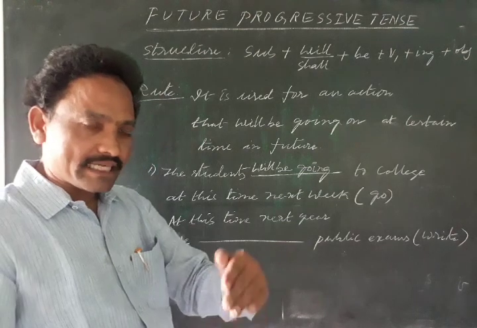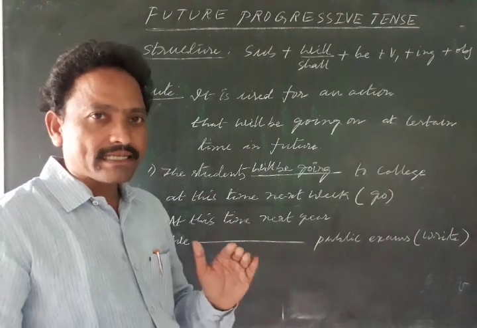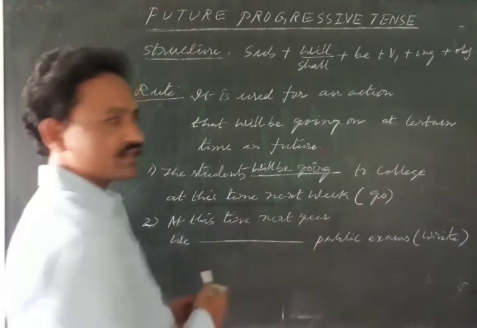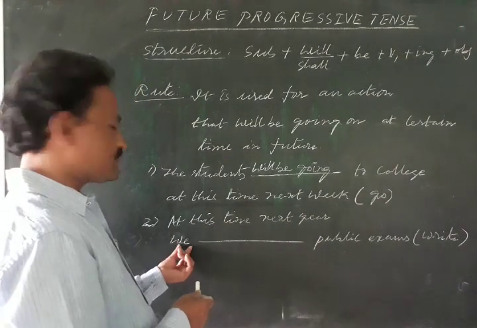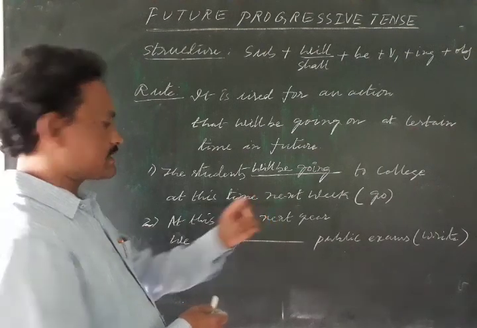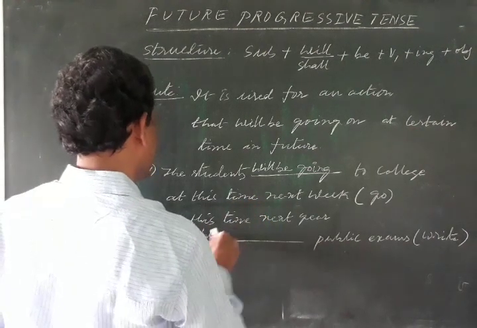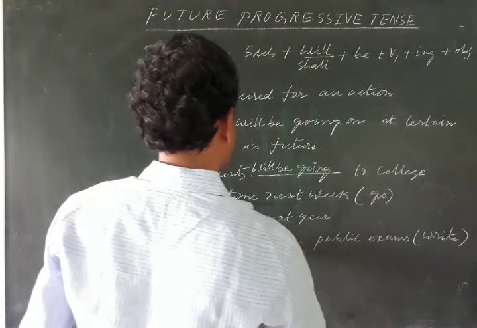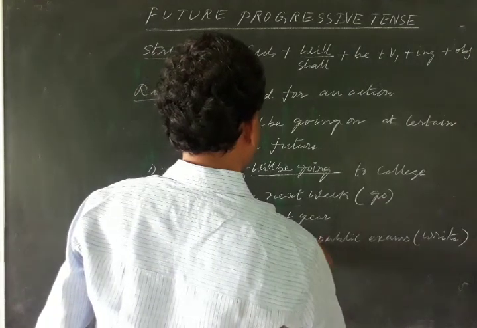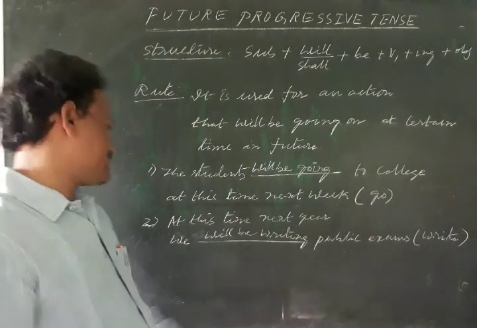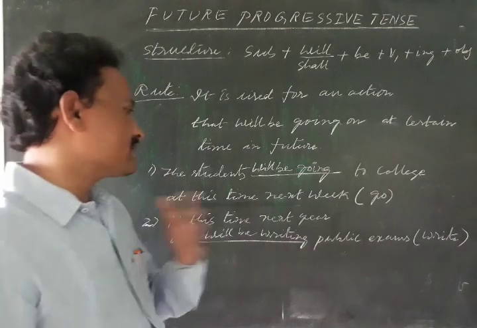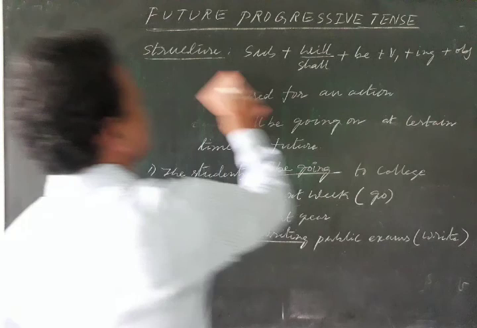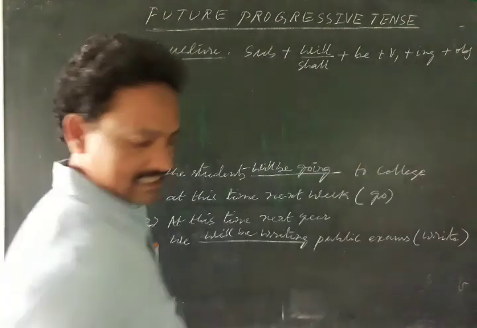So next year, this time the action will be going on. What is the subject keyword? At this time next year, coming year. Subject is we, verb write. So we will be writing public exams. At this time next year, we will be writing public exams. Okay. Next sentence.